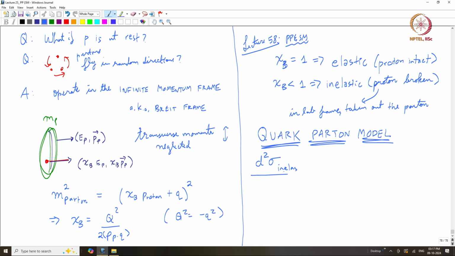Remember, cross sections can be written as differentials of whatever you want, and now we have constructed two observables xb and q squared, right. So it makes sense to write differentials with respect to those. The differential cross section I can now write as simply the elastic cross section, okay, scattering on the partons.